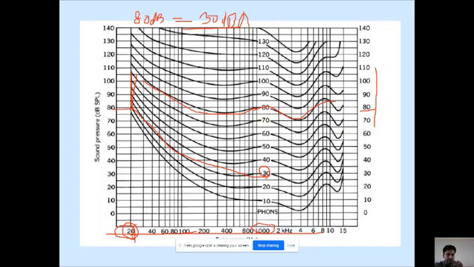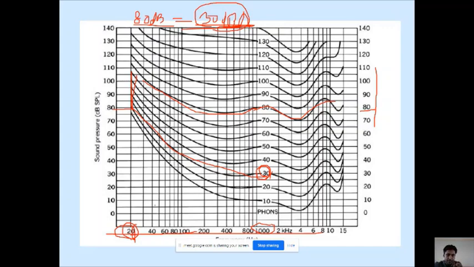But at 20 hertz 80 dB is not very loud. It will be almost equal to 30 dB at 1000 hertz. So we can write 80 dB minus 50, which will be equal to 30 dBA. Now this dBA is based on our perception of ear, that is a behavioral entity, dBA, or phon loudness, how we feel.